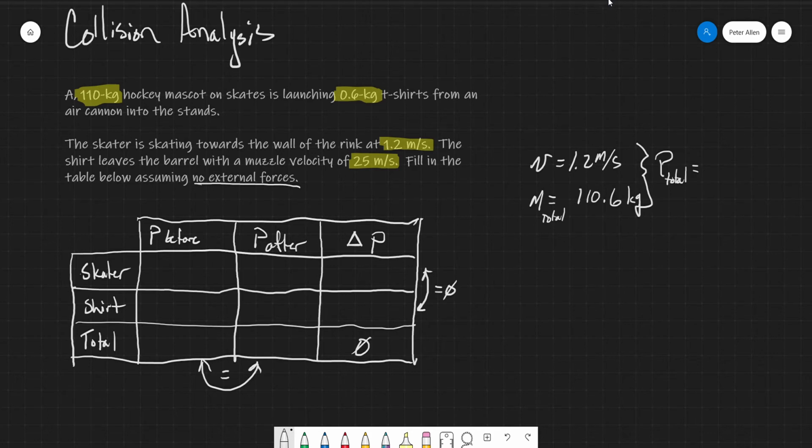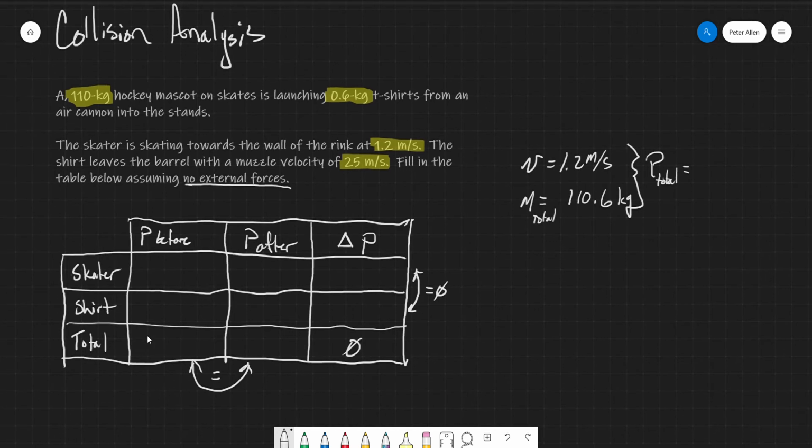All right, so we're going to get our calculator here. We'll bring that over, and this may or may not show in the video, but I'm doing 110.6 times 1.2 to give us a total momentum of 132.7.